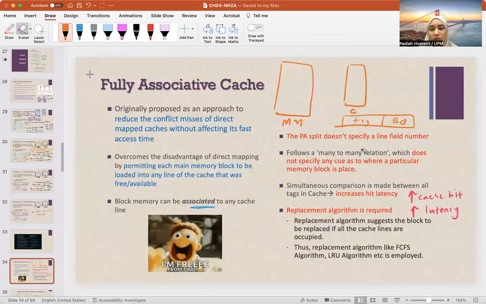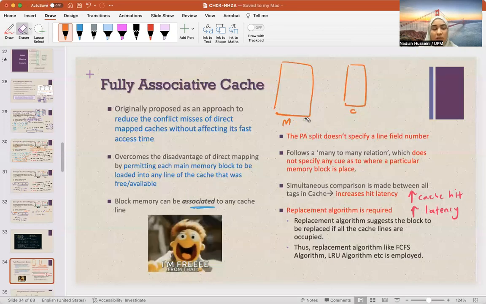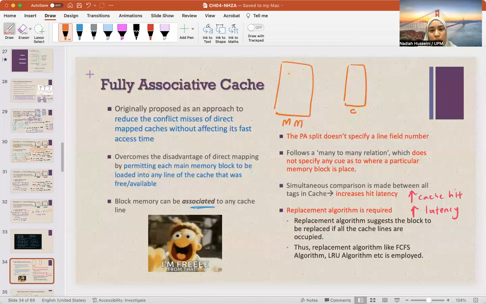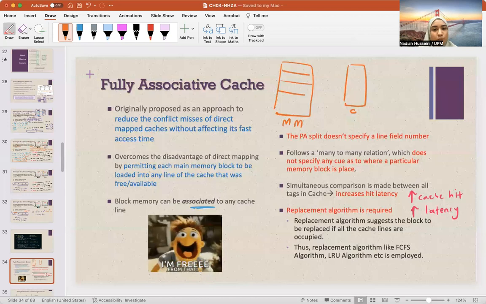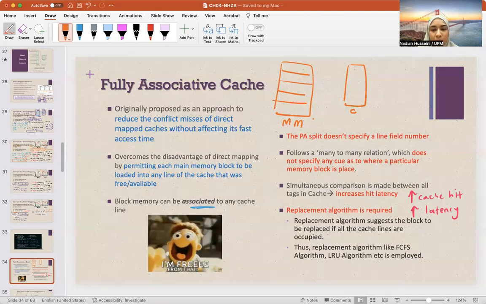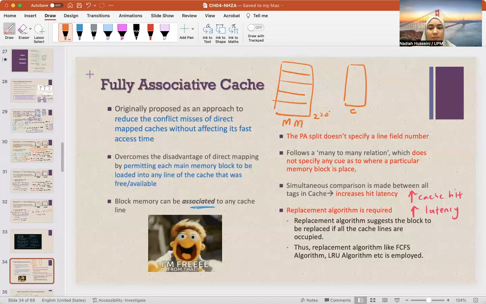Okay, so we know that the main memory is composed of a number of blocks. We have seen that it was 2 to the 20 for the main memory. In our practice problem, this is not always the case, just an example. And then we have seen that our total cache lines were 2 to the 8.